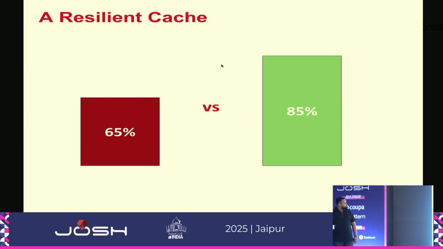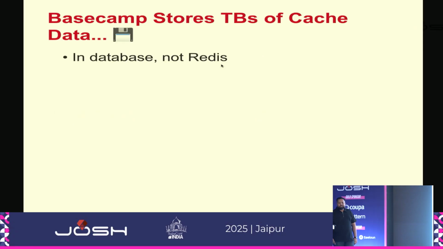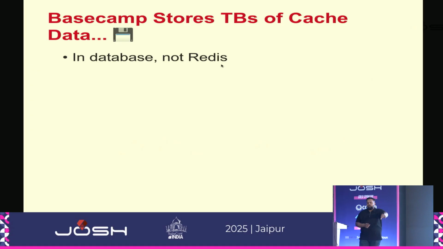Now, let me present a bit of a case study from Basecamp. Basecamp stores terabytes of cache, but in the database, not Redis. Surprising, I know. What would be the most obvious side effect of this kind of setup?